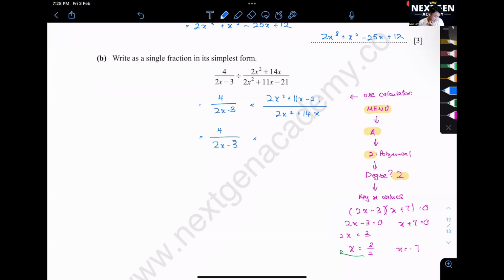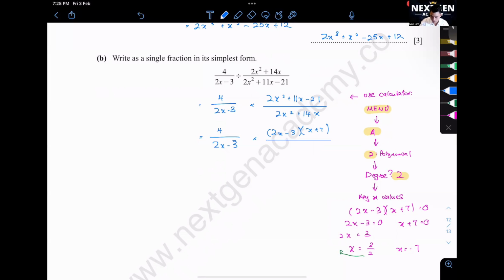If you don't know this part, anything on quadratics is all in chapter 2. In chapter 2, I go into very, very detailed everything about quadratics. Then we put this here: 2x minus 3 on top, multiply with x plus 7.